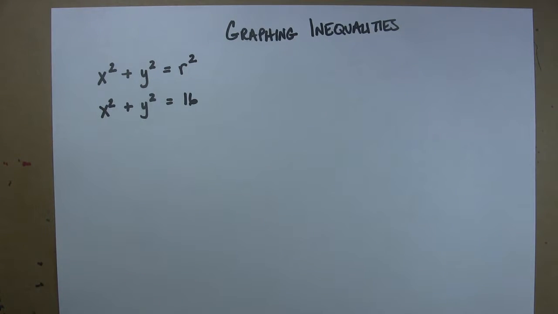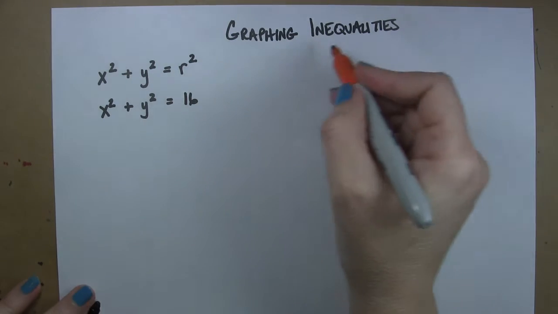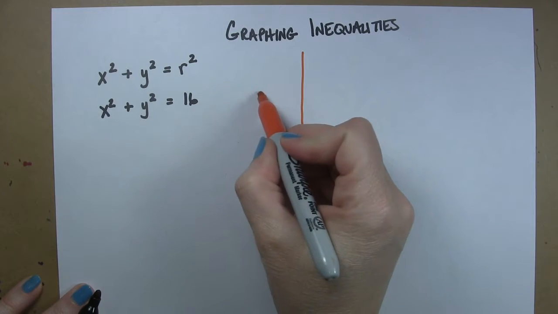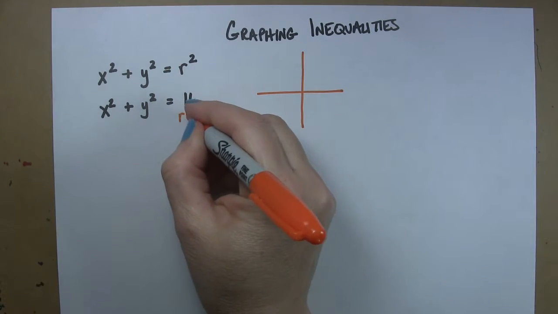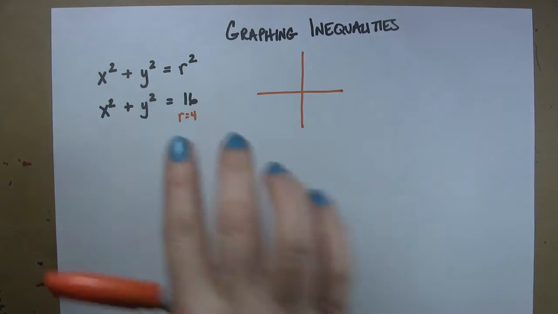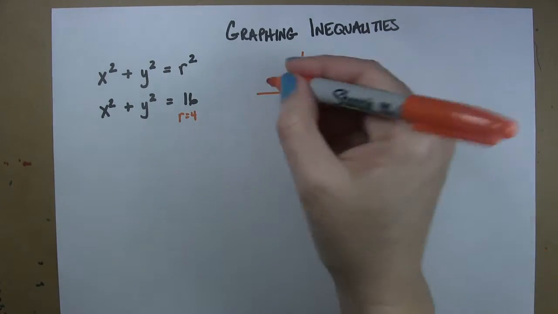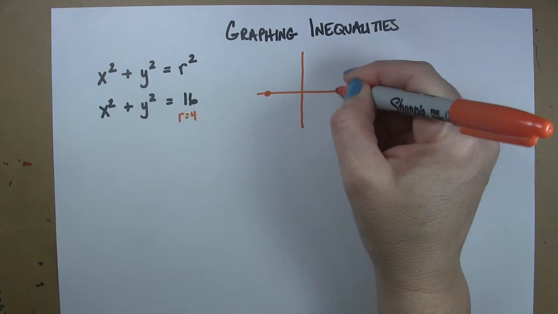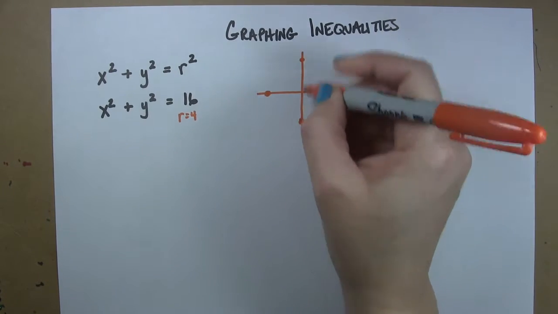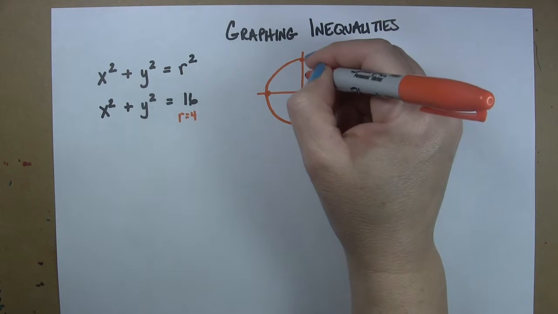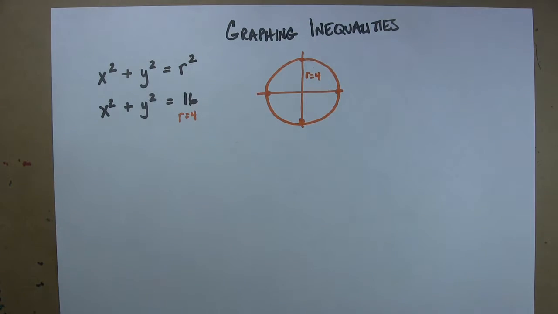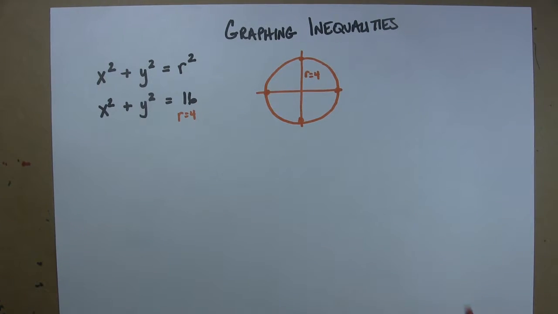You would know exactly what to do with that equation. You would have your graph. You would know that your r has to equal 4. You would know that it's centered around the origin. So I go 4, 4, 4, 4, and I get roughly a circle that looks like that, where r equals 4. Right? Everybody cool with that?